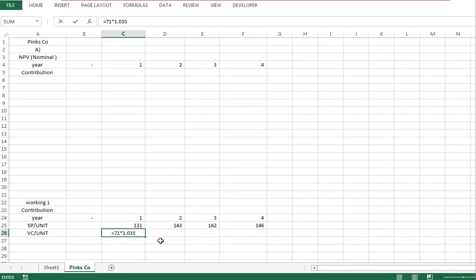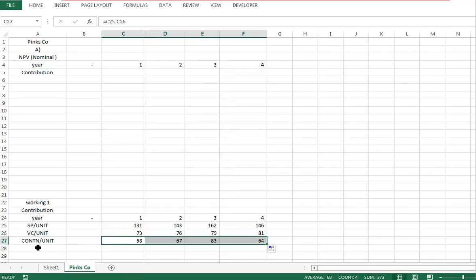So yes, 1.035 raised to the power 1, and we'll inflate it up year by year for all the 4 years. Selling price minus the variable cost will give you contribution per unit, which is this minus this. We have the contribution per unit.